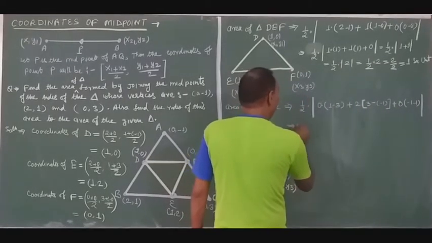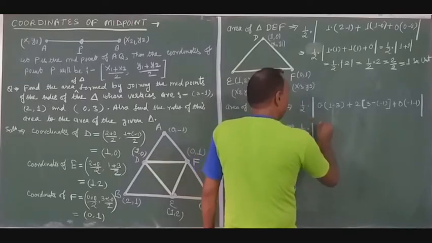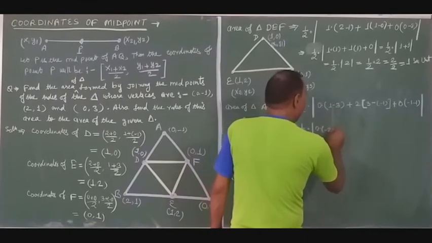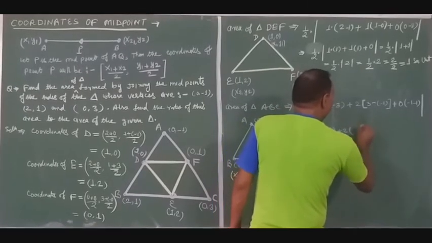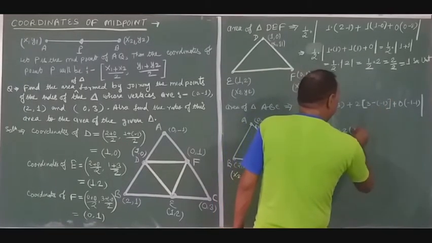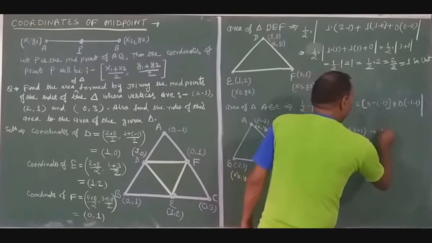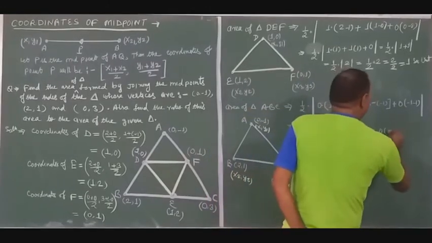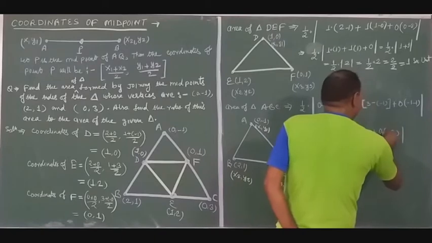Now just look here, 1 upon 2 mod of 0 into 1 minus 3, plus 2 into 3 minus minus 1, that is 3 plus 1, plus 0 into minus 2.